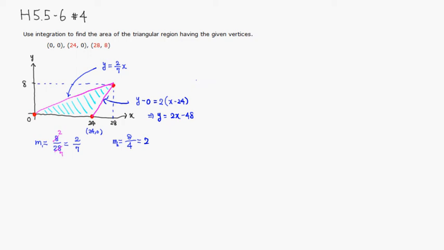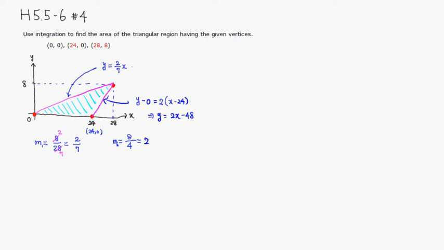Alright, and so we want to view this area as the area between two curves or two line segments. It's probably easier to integrate with respect to y.